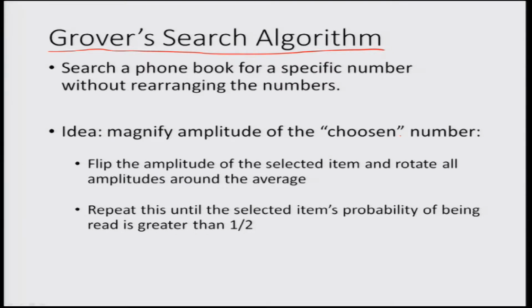So, the idea always has been to magnify the amplitude of the chosen number, and always we use the concept that there is an oracle which knows the solution. So, we flip the amplitudes of the selected items and rotate all the amplitudes around the average, and repeat this until the selected item's probability of being read is greater than half, so that it can be observed.